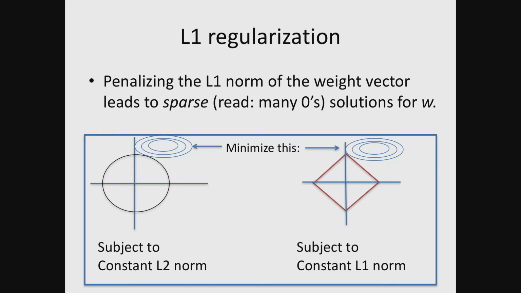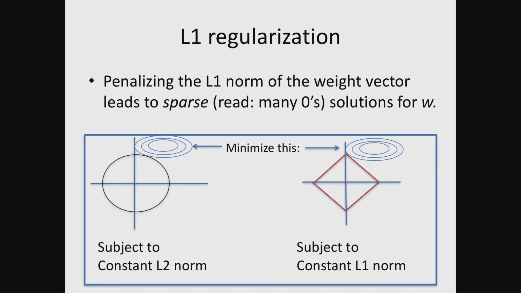So you might say, we're going to minimize the loss subject to the L1 norm of your weight vector being less than 3. Well then, what I'm showing you here is weight space. So I'm showing you 2 dimensions. This x-axis is weight 1. This y-axis is weight 2. And if you put an L1 constraint, for example, you said that the sum of the absolute values of weight 1 and weight 2 has to be equal to 1, then the solution space has to be along this diamond.